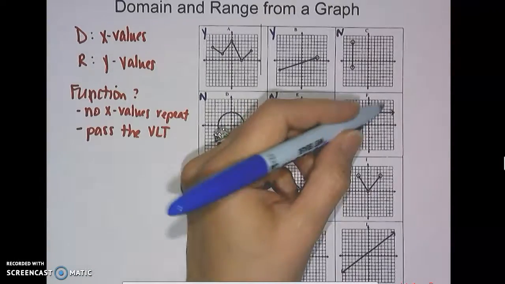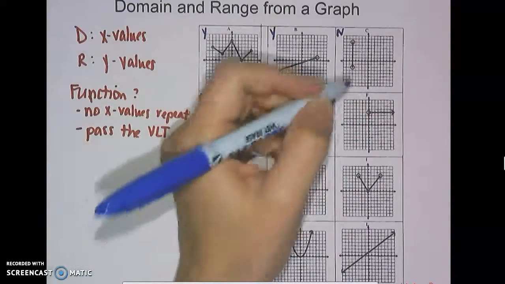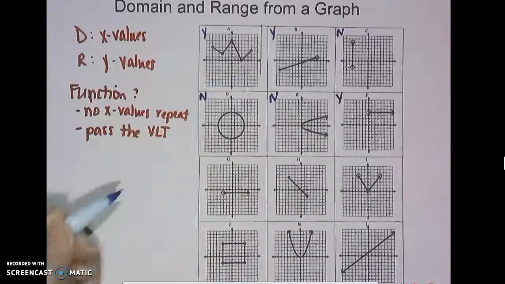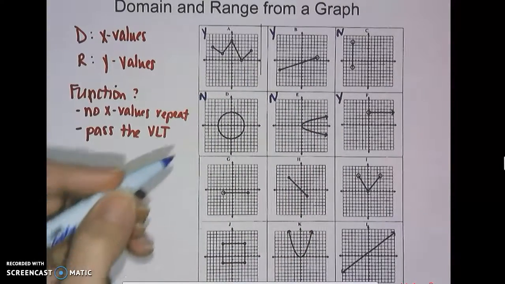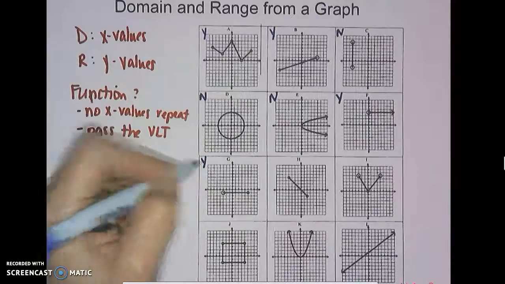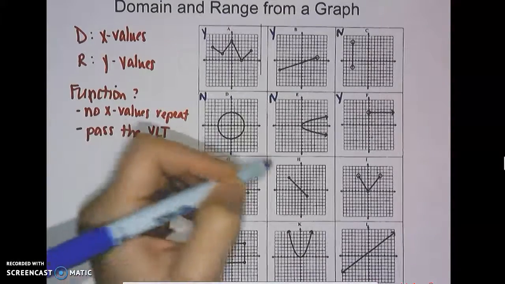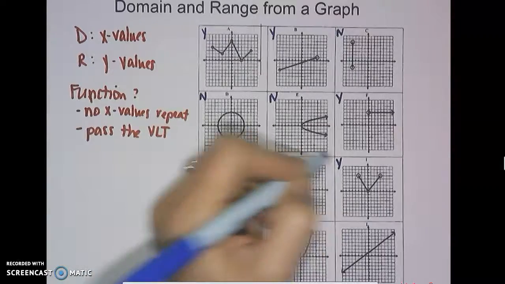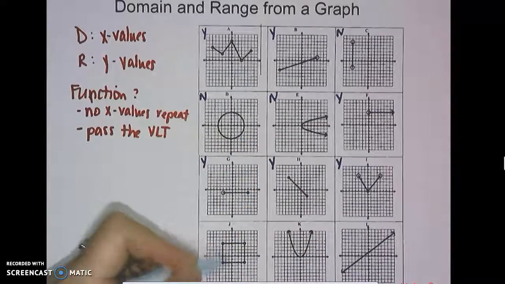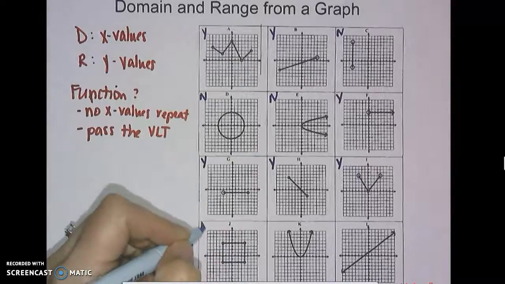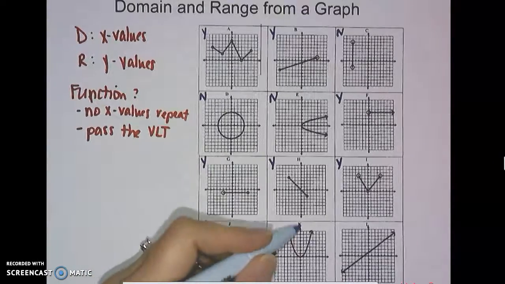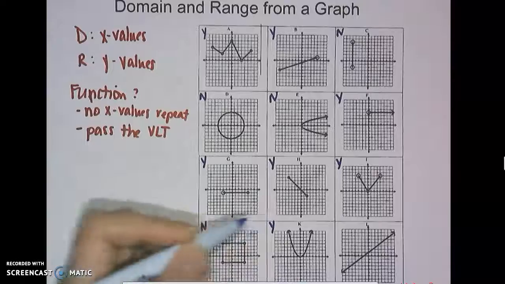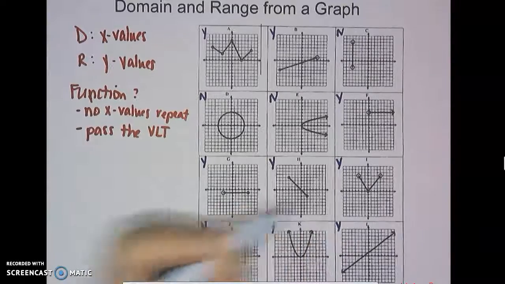F, vertical line test, we would say yes. G is a yes. H is a yes. I is a yes. J is a no. K is a yes. And L is a yes.